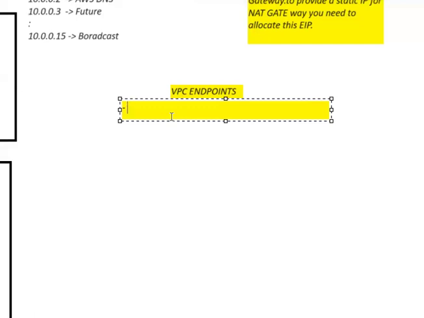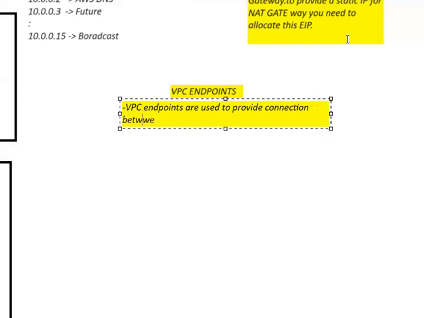Why is this VPC endpoint used? VPC endpoints are used to provide connection or communication between resources. Which type of resources? AWS resources. How are we providing it? By using any external network? No, by using an internal network.